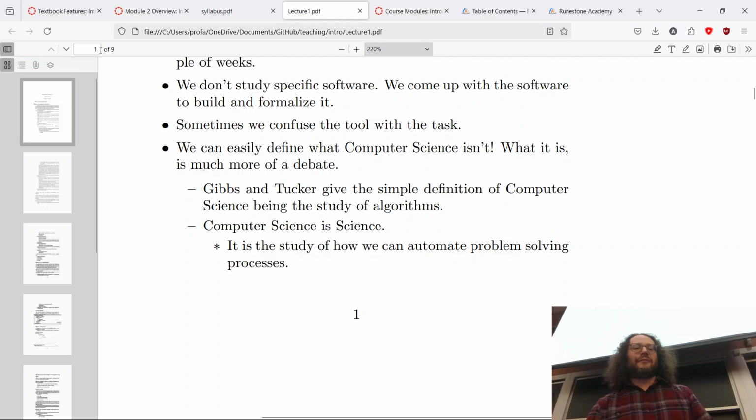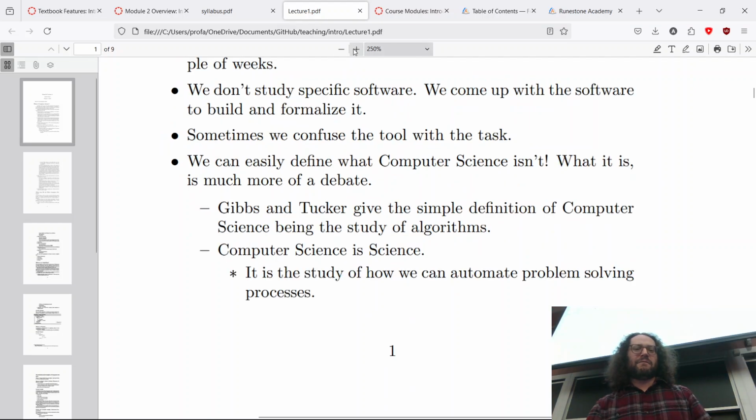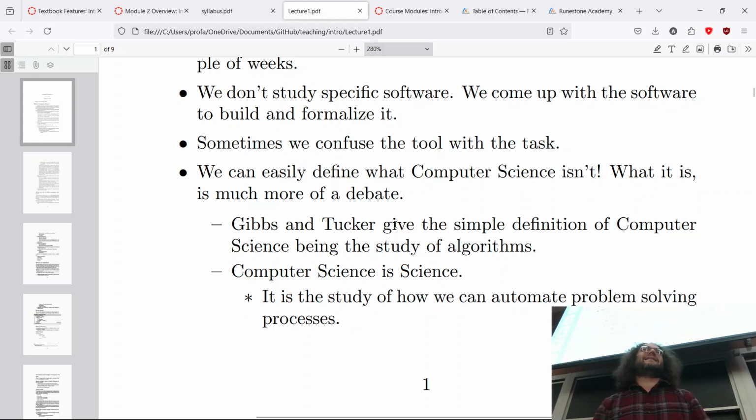So I like a not-wrong definition, one that people will nod at and say, yeah, that sounds about right. The textbook authors Gibbs and Tucker, who had a Java textbook I really liked, simply said that computer science is the study of algorithms. That's what it comes down to. Computer science is the study of algorithms, which of course begs another question: what in the world is an algorithm?